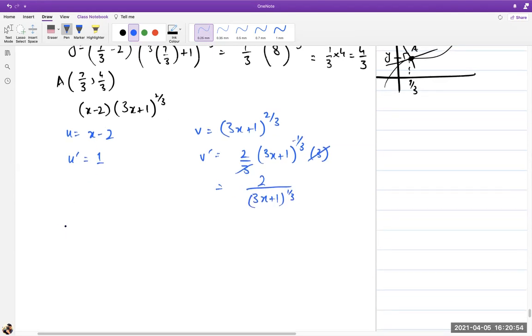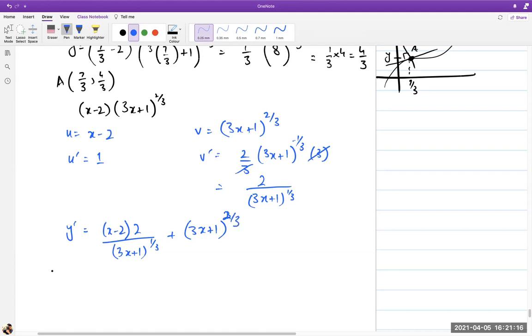And now my derivative y prime is going to be uv prime, so 2 over (3x plus 1) whole power 3, plus vu prime. So u prime is 1. So I'll just copy this here. Okay.